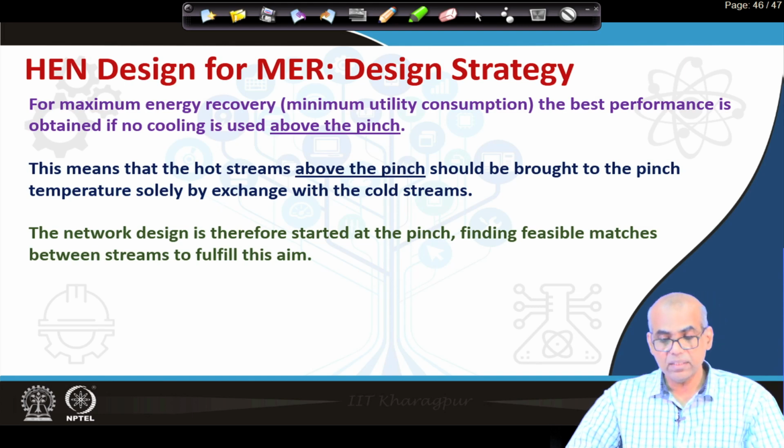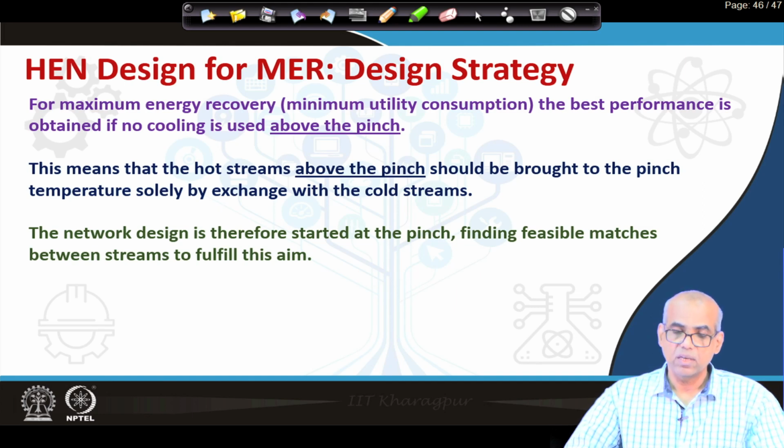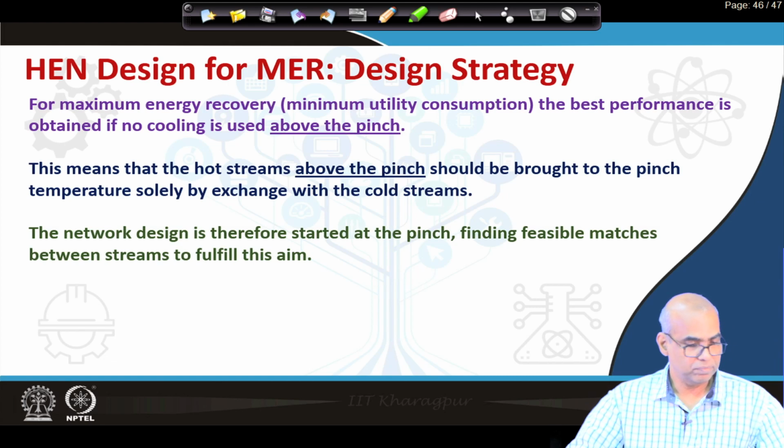You have to find feasible matches so that we can bring down the temperatures of the hot streams to the pinch only by the exchange with the cold streams above the pinch point.